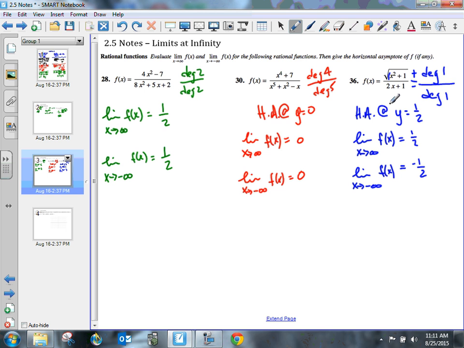So we do need to think about, okay, what happens when I plug those values in? Okay, what's going to be the result of that? All right, and so those are just some things to consider. But mainly, guys, if you know end behavior and you know your horizontal asymptotes and you know how to plug in numbers and determine the sign of that number, then you should be fine.